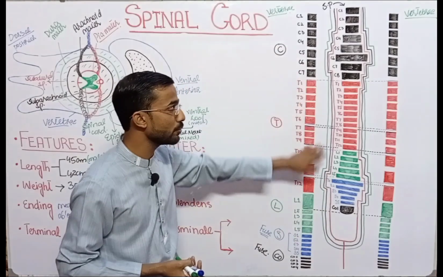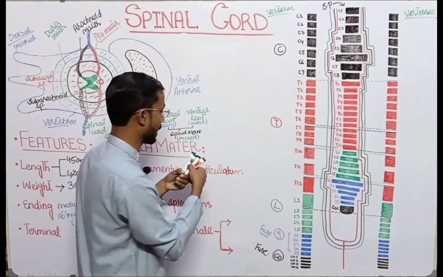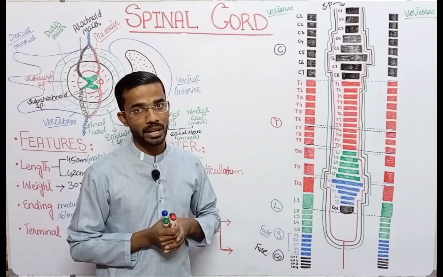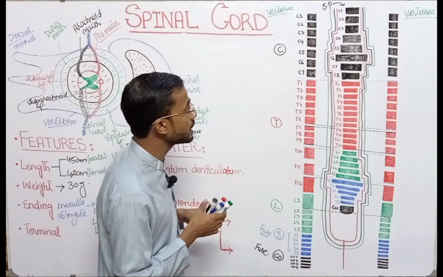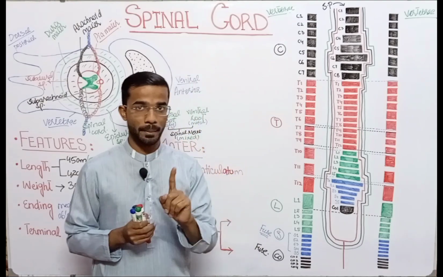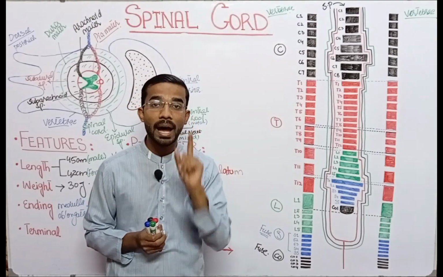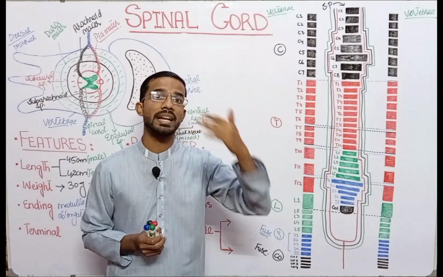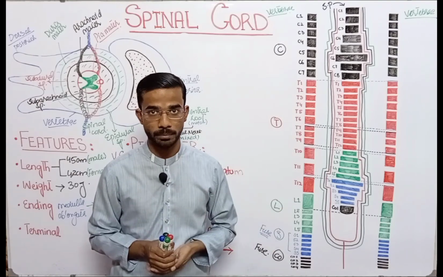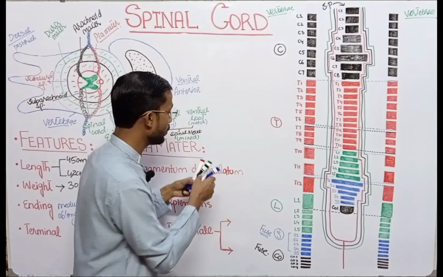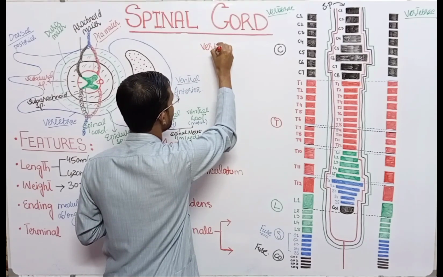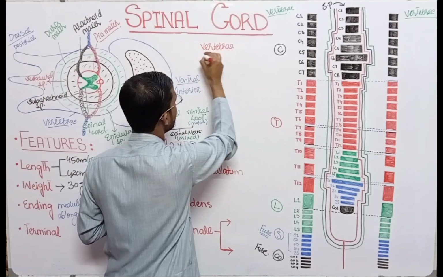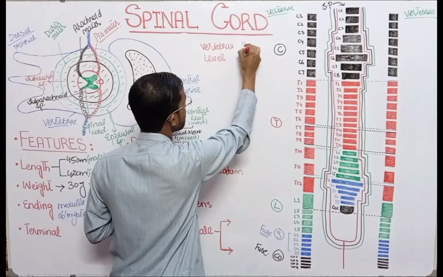So we divide the spinal cord into different segments, and different spinal nerves arise from the spinal cord. Next, remember that the spinal cord is relatively higher than the corresponding vertebra. Here you can see this is the vertebra level, and here is the spinal segment.